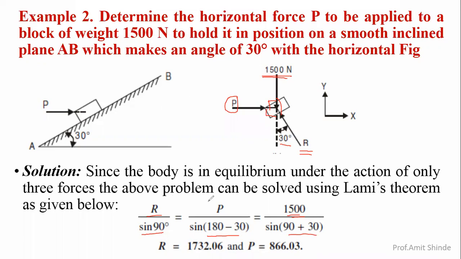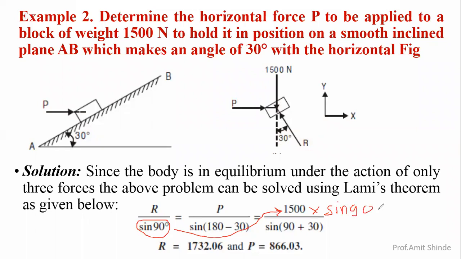As we know, there are two unknowns R and P, and this value is known to us. To find the reaction R, let us take this term to this side, so it is multiplied with sine 90.